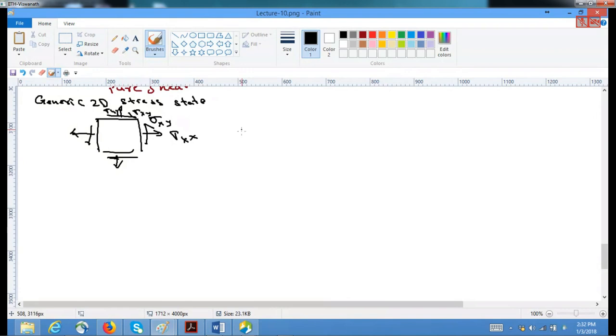If I'm looking through this as the x and y system, I'll have the sigma as sigma xx, sigma xy, symmetric, sigma yy.